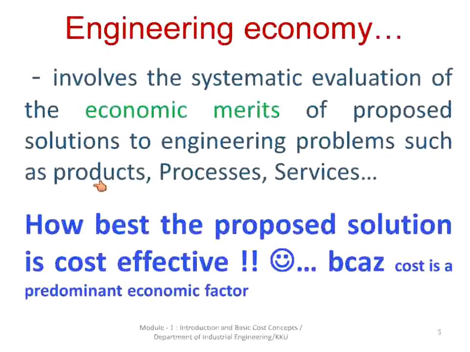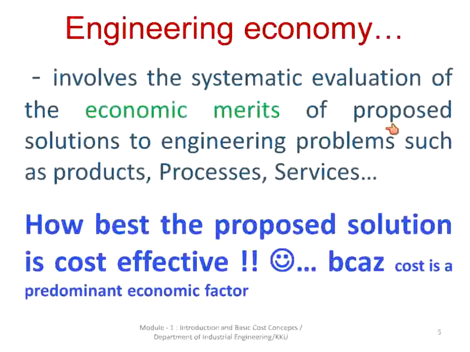So the engineering economy is nothing but the systematic evaluation of economic merits of proposed solutions to engineering problems such as products. Say for example, production of a car, automobile. Process is nothing but oil industry is a process industry. Pepsi is a process industry. Paint company, Al Jazeera Paint, that's a process industry.